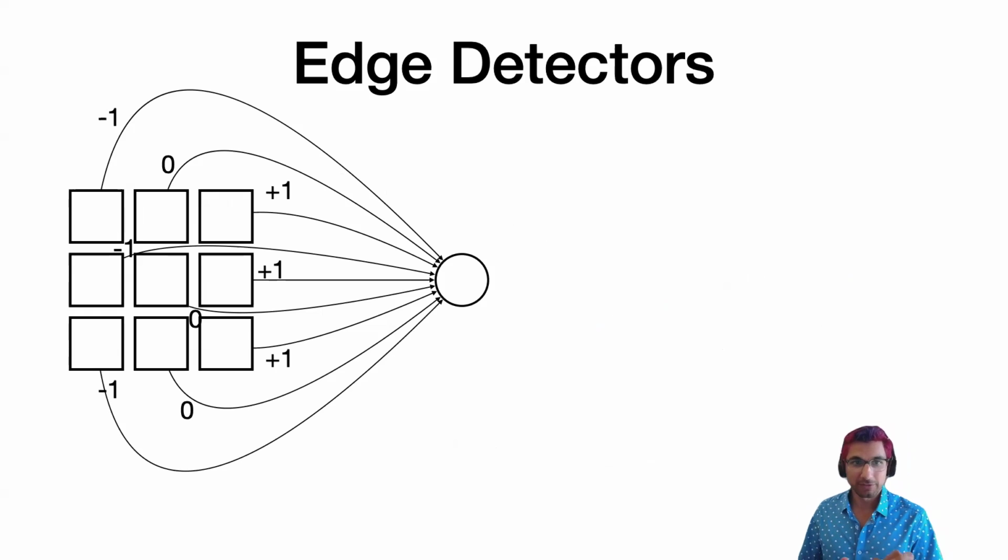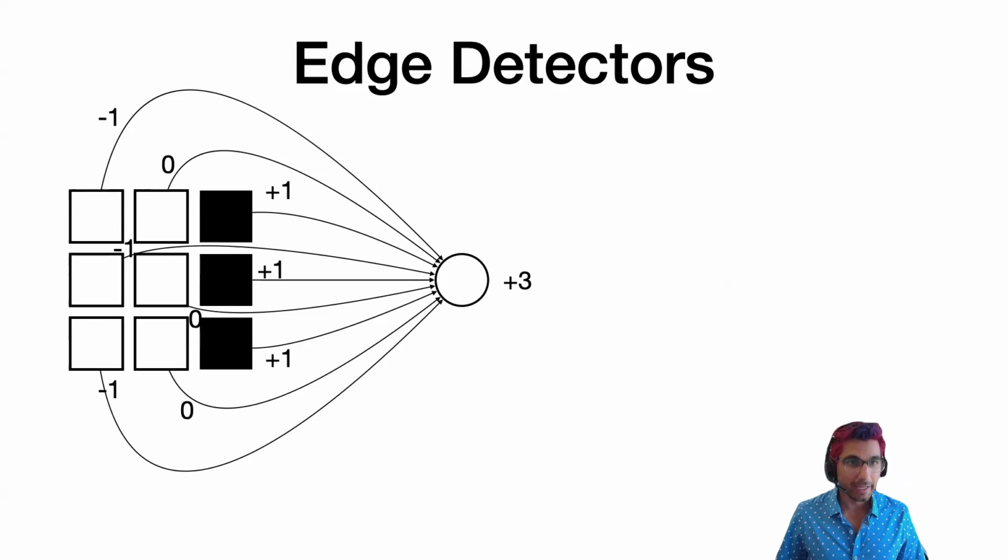So let's imagine that we've zoomed in on just a 3x3 set of pixels in the input, and then we're looking at a single first hidden layer neuron that those are connected to. And let's say we specifically put in these sets of weights, where we've got the neurons on the right end of this 3x3 segment all count positively, the neurons on the left side of this 3x3 cell all count negatively, and the ones in the middle count at 0 weight.